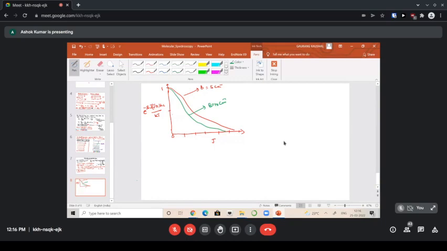But this relative population does not depend only on J, it also depends on its degeneracy. Actually, this J does not have a single energy level.